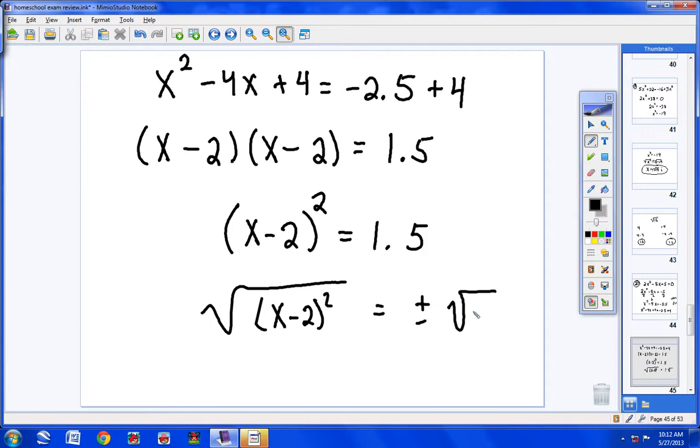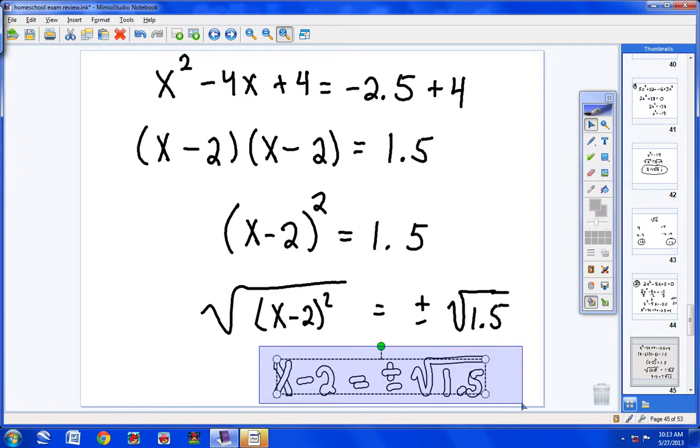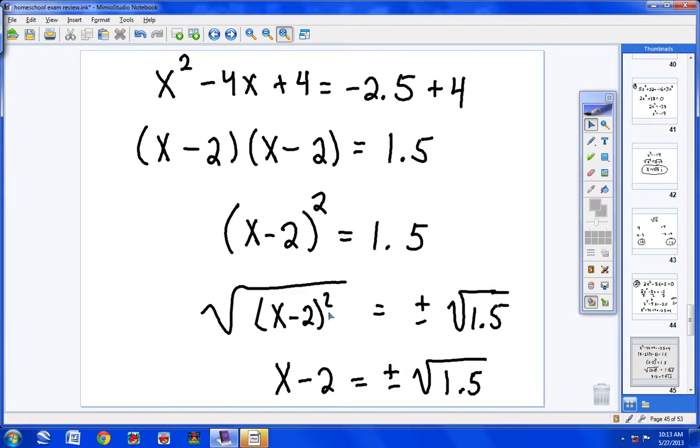So we take the square root of one side and we take the square root of the other side. Now, we have practiced these before. Whenever you take the square root of something squared, you're left over with just the base, which is x minus 2, equals plus minus square root of 1.5. And that's actually why you took the square root of that left side, so that you're left with just x minus 2.